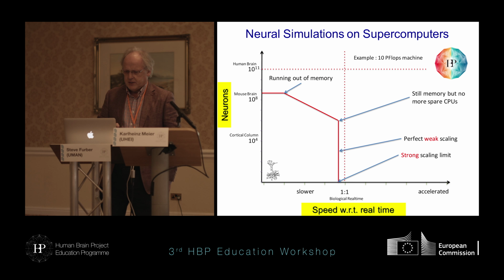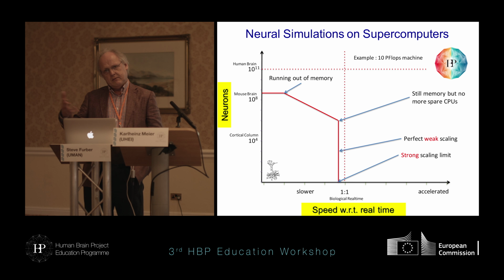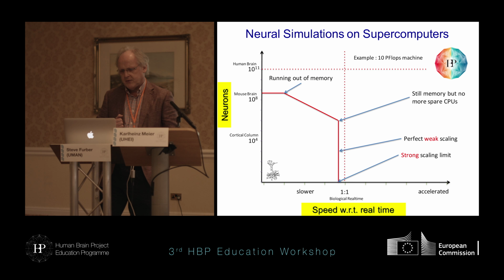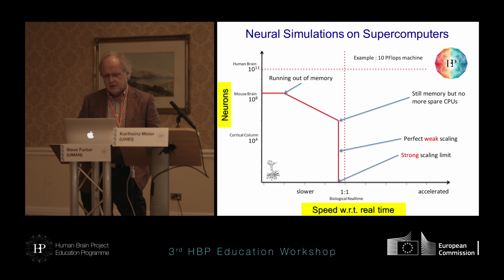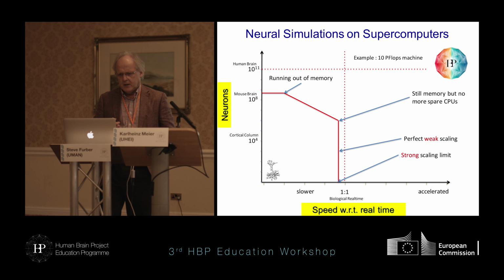And what this graph is showing is that if you take an off-the-shelf 10 petaflop supercomputer, which is fairly close to the top of what you can get today, it's not quite the fastest in the world. I think Tianhe 2 is about 33 petaflops. That's the supercomputer in Guangzhou in China, which is number 1 on the top 500 list.